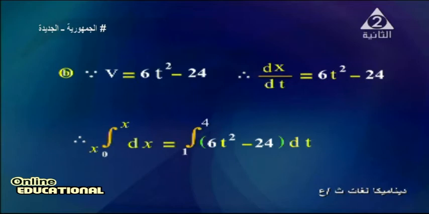The integration of dx is x from x naught to x, and the integration of 6t power 2 is 6t power 3 over 3, which is 2t power 3, and the integration of negative 24 is negative 24t.